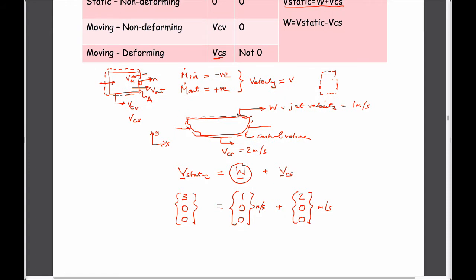You can think of this as coming out of the control volume. And so this is the parameter that we're interested in. And so probably we're interested in rewriting this equation as W is equal to V static minus VCS, which is just this expression that's rewritten.